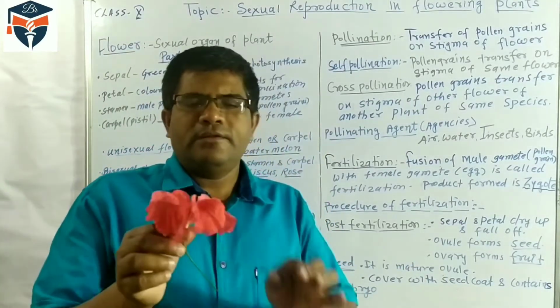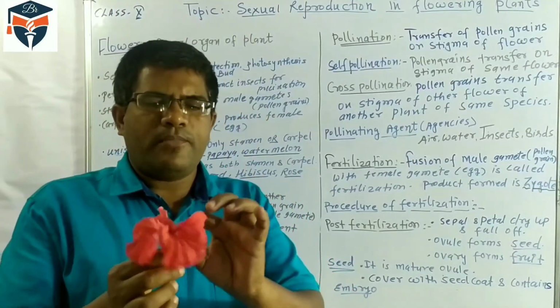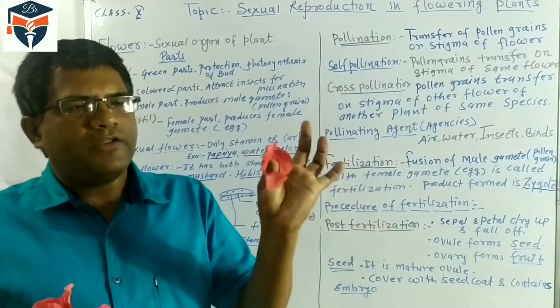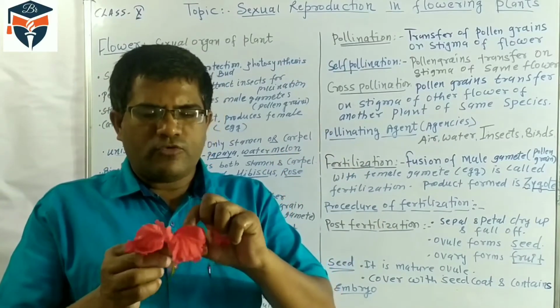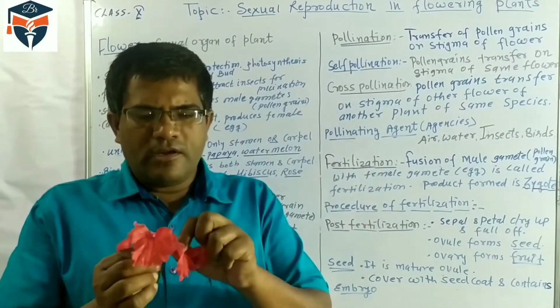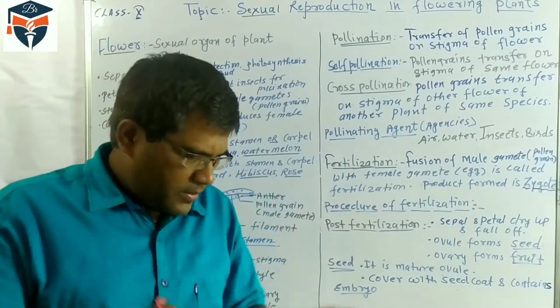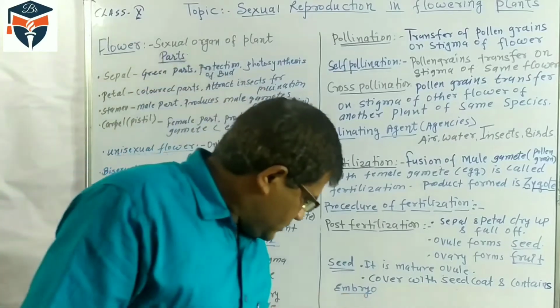Then the second is this decorative, colorful part. This colorful part which I am detaching, this one part, is called the petal. This is also a petal. So this colored part of the flower is called the petal. These are all petals.